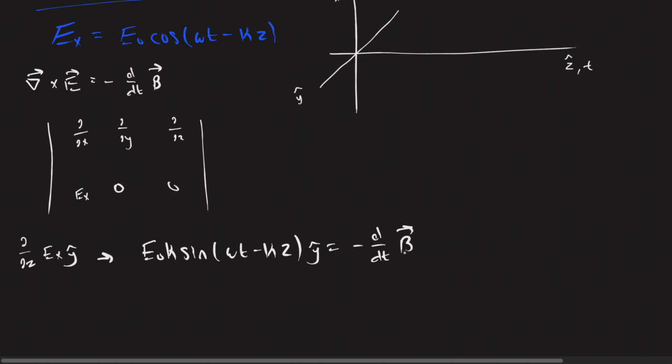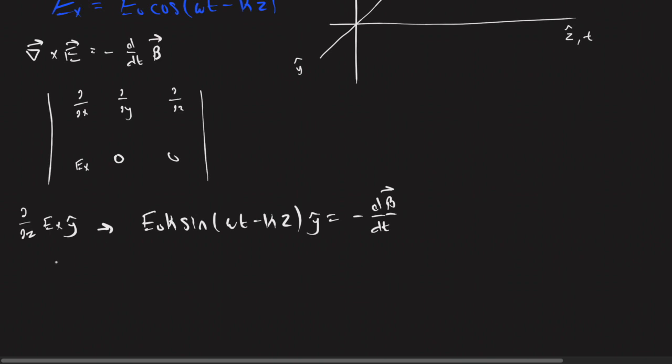We can now integrate both sides. So we're going to get minus dB dt, integrated over dt, is equal to the integral of E naught k sine of omega t minus k z, in the y hat direction, dt.